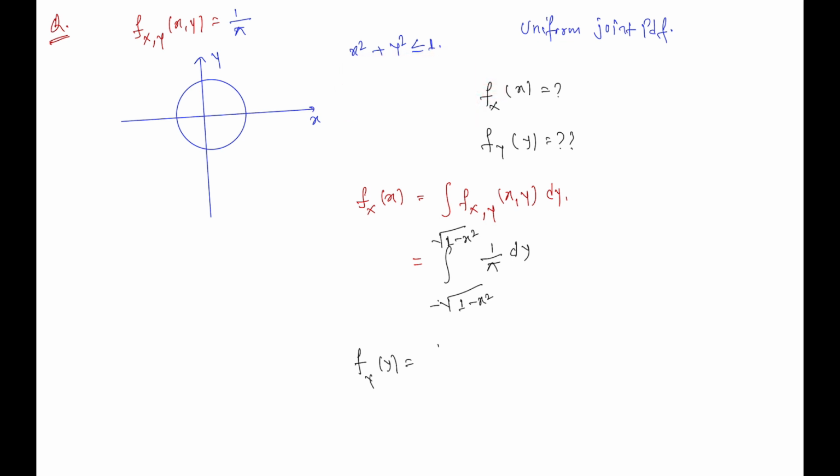So the integral of this joint PDF with respect to the variable x, for a fixed value of y, the x will vary like this, from minus root over 1 minus y square to plus root over 1 minus y square, right?